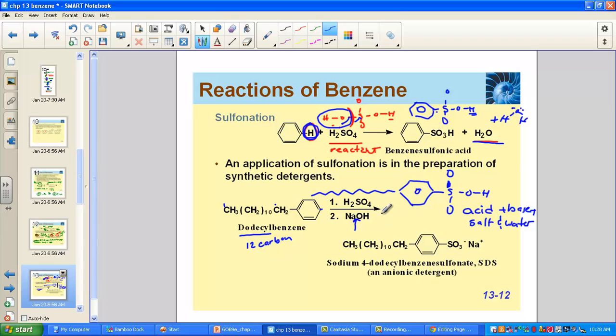Well, if I treat this with NaOH, let me change color, I add on NaOH in a second reaction, NaOH step 2. We can see really as a double displacement reaction, this hydrogen and this hydroxide group come together to make a water.